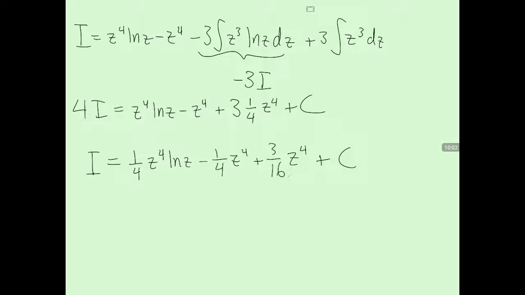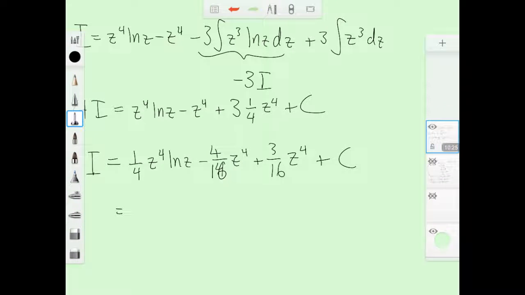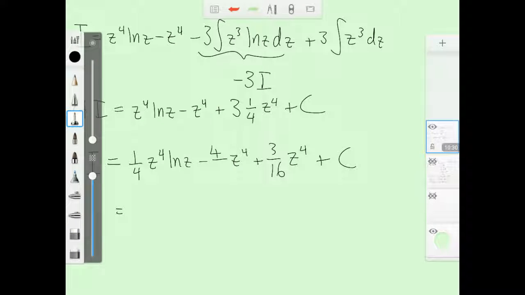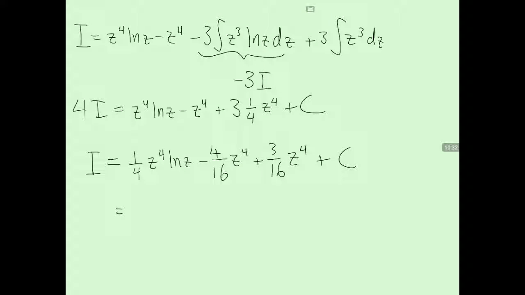Now, this can still further be simplified. So if we have negative 1 over 4 z to the fourth, and we add 3 over 16 z to the fourth to it, well, putting this in terms of the lowest common denominator, it's going to be negative 4 over 16 z to the fourth plus 3 over 16 z to the fourth, and this is negative.